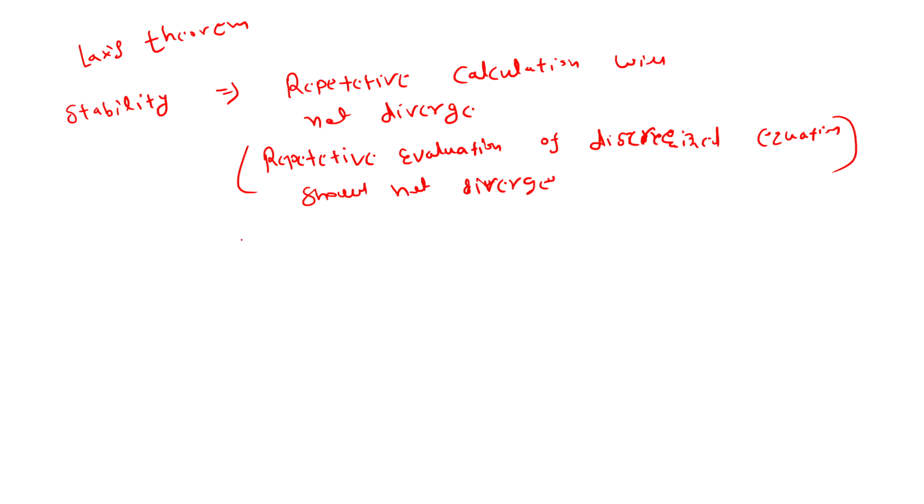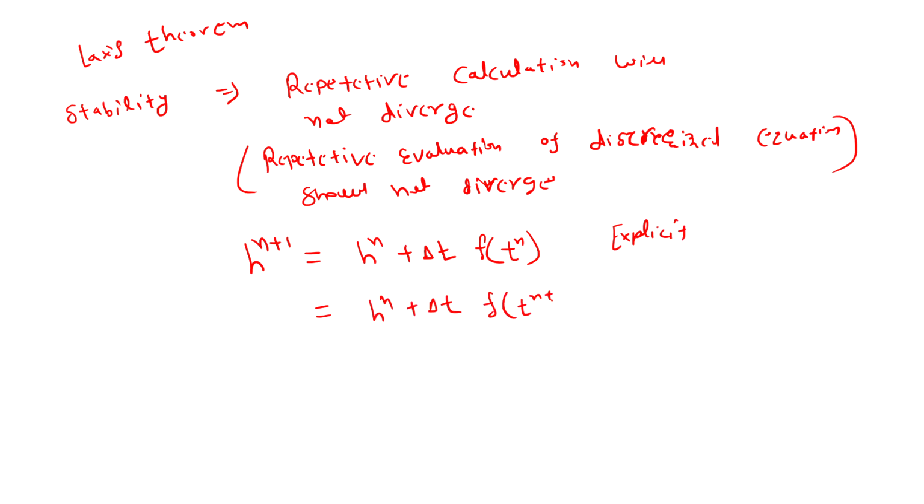That means we will get an expression for h^(n+1) in the form of h^n plus delta t f of t^n, or h^n plus delta t f of t^(n+1). So the repetitive application of this formula to compute h^(n+1) should not diverge, and that is called stability.